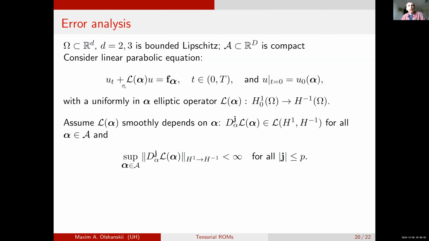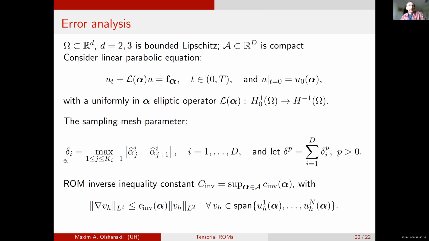Essentially, I assume a very smooth dependence of my operator, and also of the right-hand side, on the parameter, and I have derivatives up to p, where p is the interpolation order in the parameter space. So for the linear interpolation, p is 2. For the quadratic interpolation, which we use, p is 3, and so on. So I assume smooth dependence of the problem on the parameters.